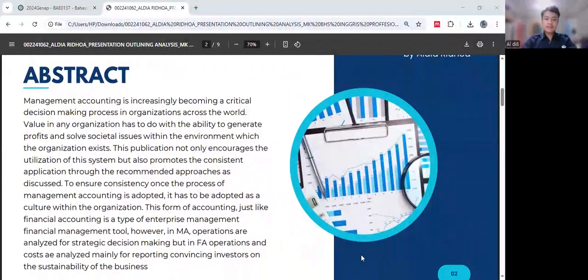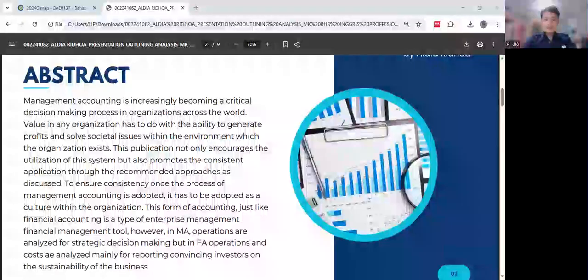The first is abstract. What does abstract mean? Abstract is an important component in scientific papers that provides an overview of the research to examiners or readers. The abstract is located on the first page after the cover and consists of 250 to 400 words.